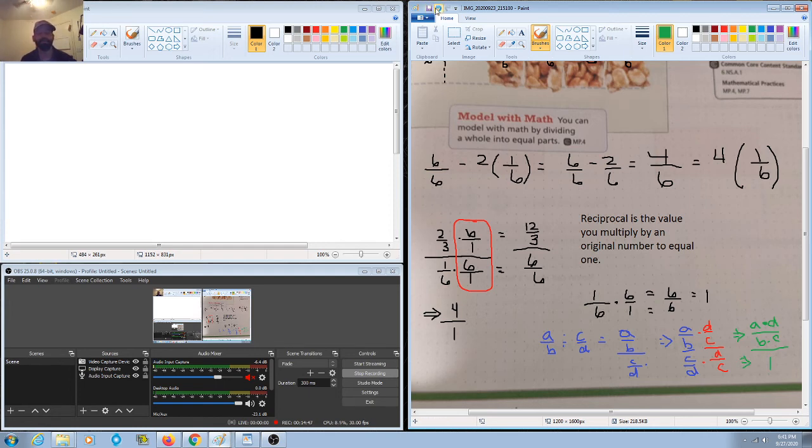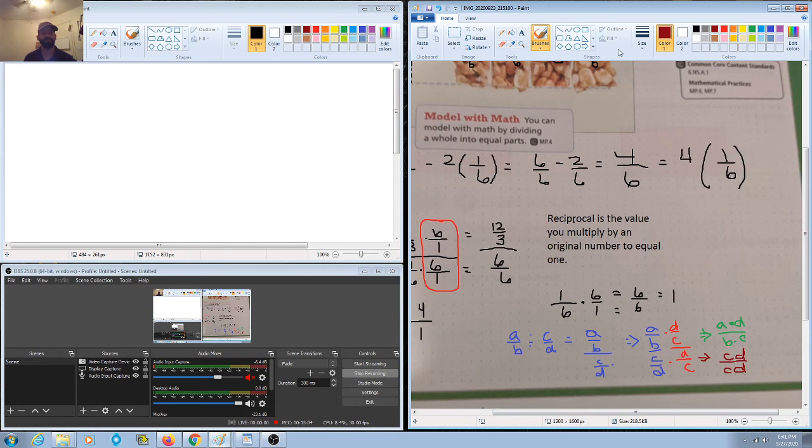Let me see if I can make enough room here. I want to be able to represent that. So this is going to be CD over CD. Okay? And that's just going to be equal to, as a final resultant, A times D over B times C, all over 1.